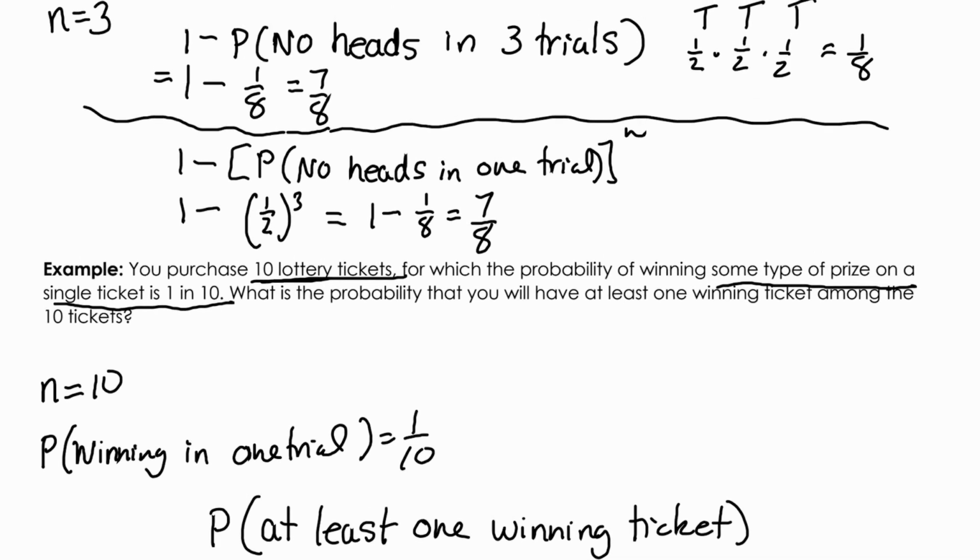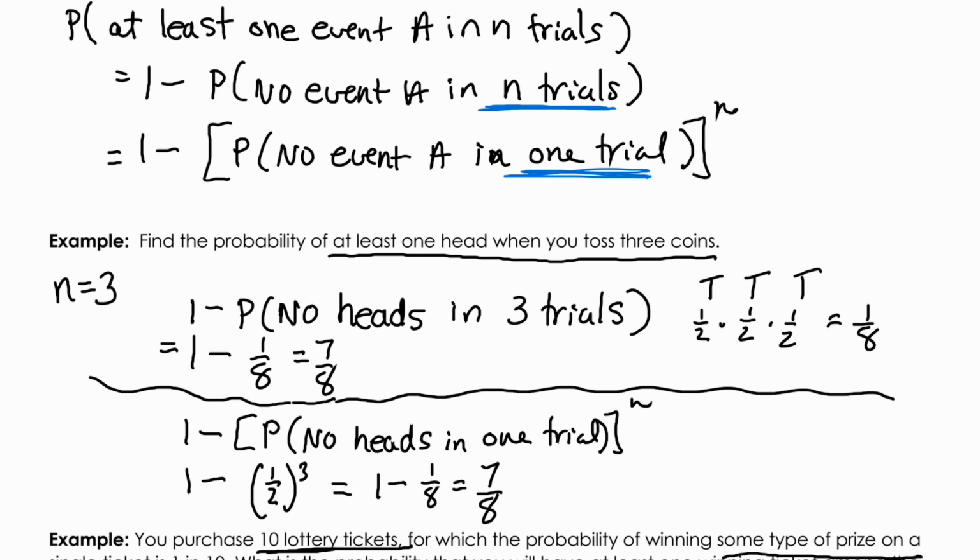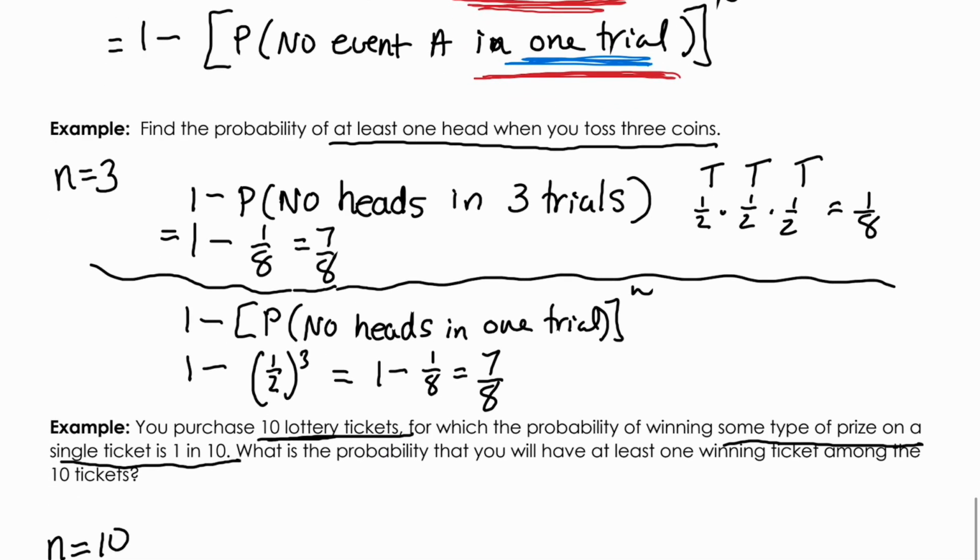Now, if we scroll back up and look at our formulas, in order to use these formulas, I need to know one of two things. I either need to know the probability that I don't win in 10 trials, because we're talking about 10 tickets, or I need to know the probability that I won't win with one ticket.